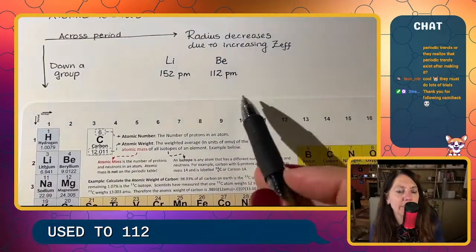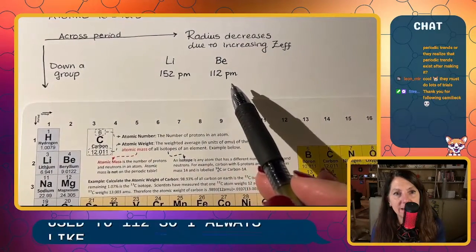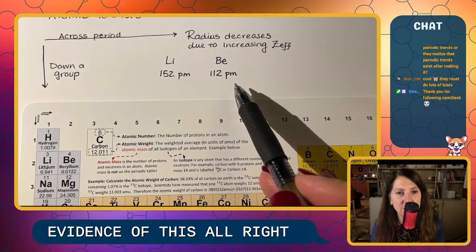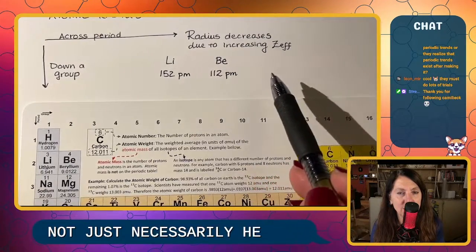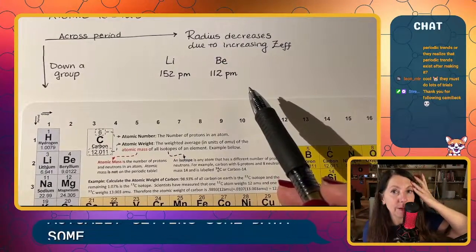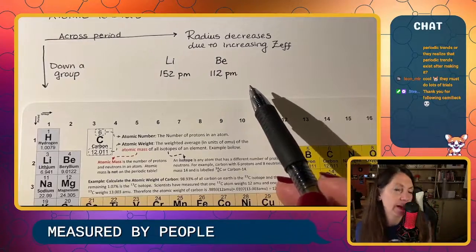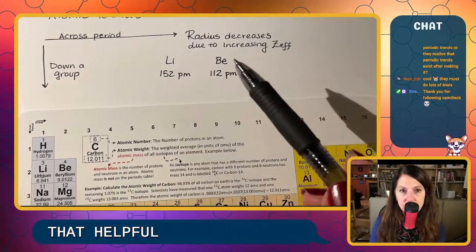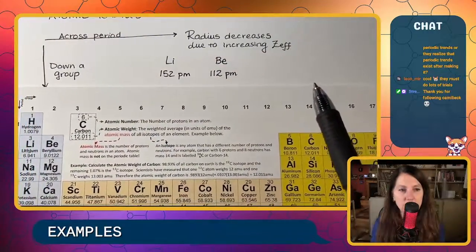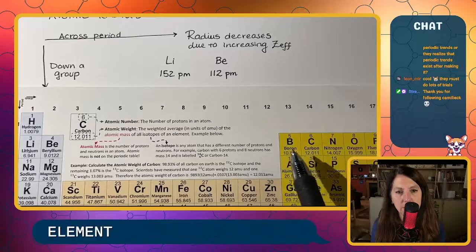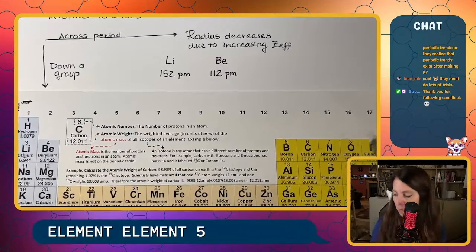Picometers. Okay, so I always like to see the actual evidence of this. All right, not just necessarily hearing about the trend, but actually getting some data, some things that have been measured by people. I find that helpful. Let's see, a couple other examples. Boron is our next element, element 5.